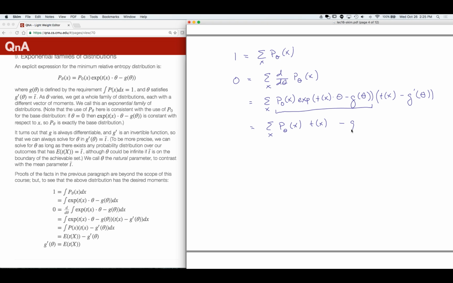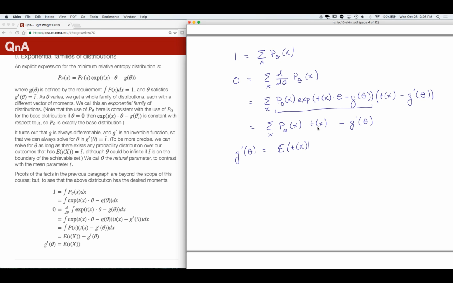And so I'll just get g prime of theta. And so I get, as promised, g prime of theta is equal to the expected value of t of x, because the expected value is just the sum over all x of the probability of x times the value of the thing we're taking the expected value for.